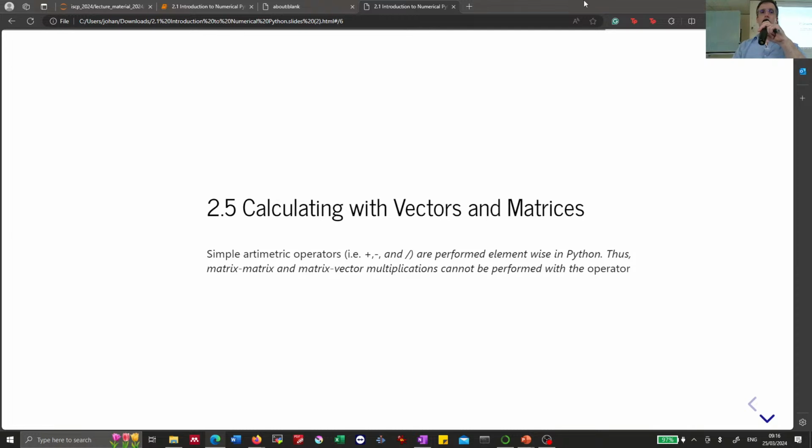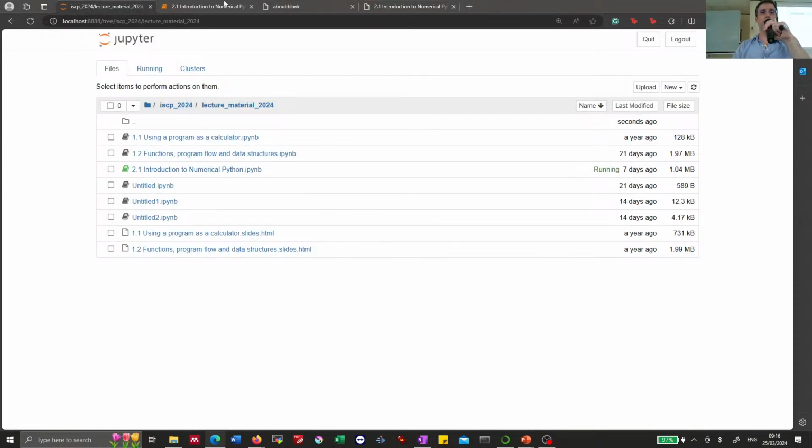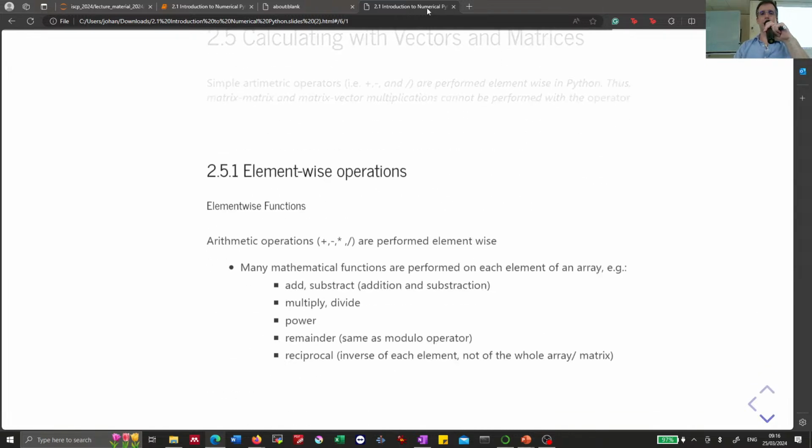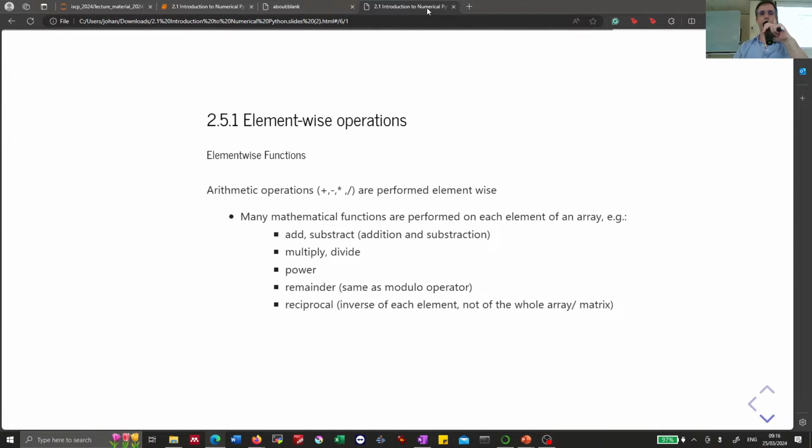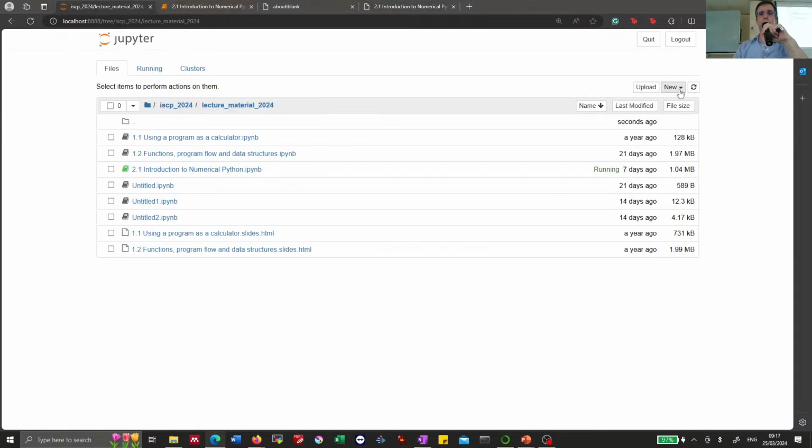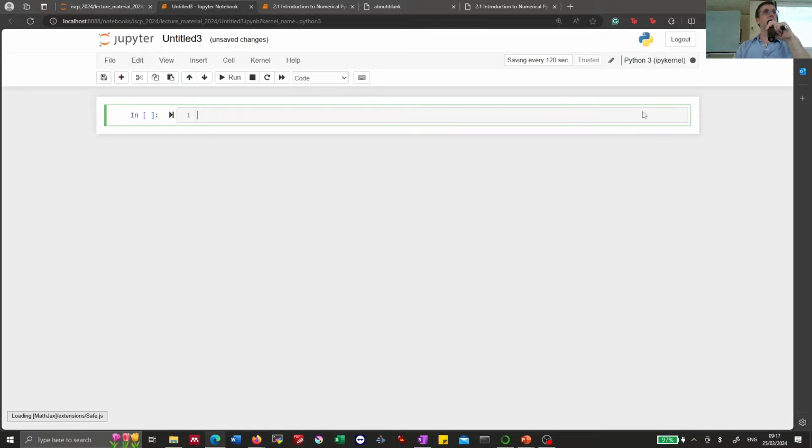Shall we try something? Yeah, so I claim something. We should always find an example. Let's see the slides. Not yet. So we just create a new notebook very quickly. Right, so if you don't know what I'm doing now, practice more because this basically should be known within your fingertips.